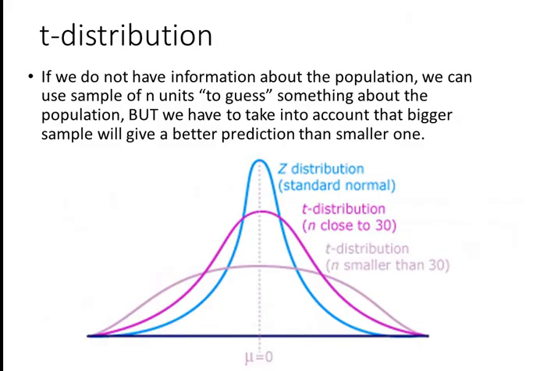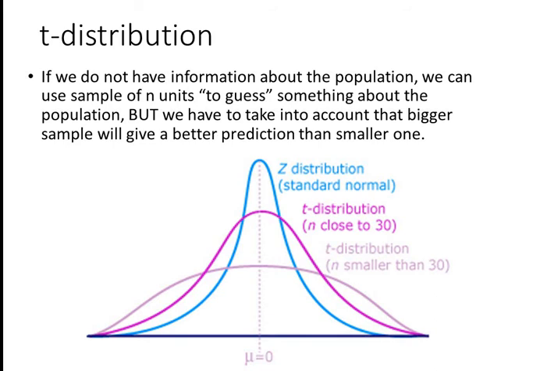Finally, a very brief introduction to the t-distribution. So you have to understand one very central idea. In many cases, we don't have the information about the population, or about every unit or every person or every firm we're interested in studying. We only have some sample, and depending on how big the sample is, the quality of our predictions about the population may differ.